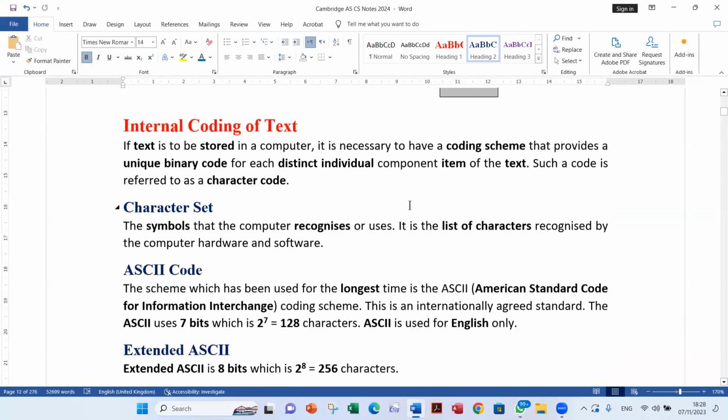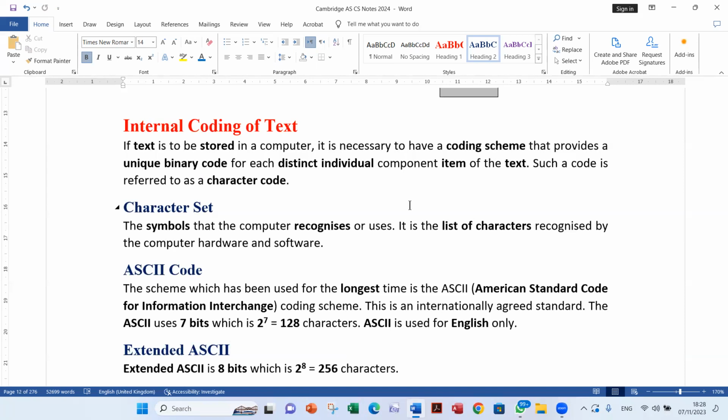Let us go and start and read from the beginning. Internal coding of text. If text is to be stored in a computer, it is necessary to have a coding scheme that provides a unique binary code. Everything is represented in the computer in binary. Okay? Unique binary code for each distinct individual component item of that text.